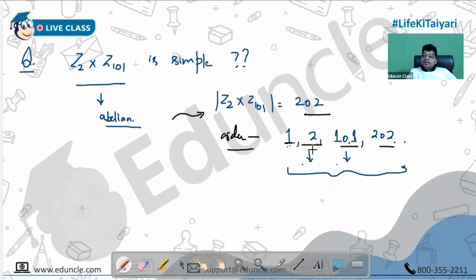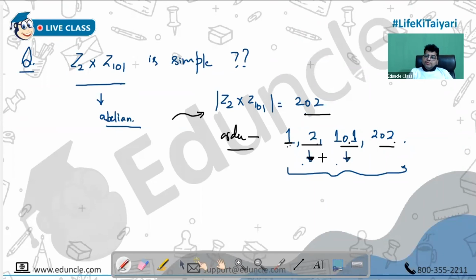These are the actual subgroups of order 101 because group is abelian. अगर ग्रुप साइक्लिक है तो ग्रुप has unique cyclic subgroup. But if a group is abelian, then every divisor of the order of G has a subgroup of G. It means there exists a subgroup of order 1, 2, 101 and 202 in Z2 into Z101.